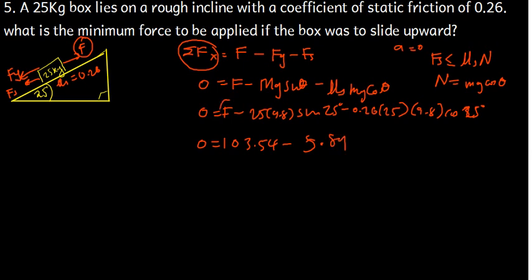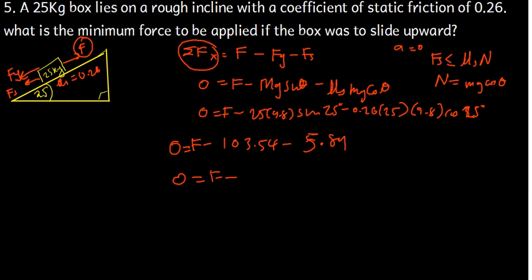I've left out F here, so I'm supposed to put that F there. So we are saying 0 is equal to F minus, okay, so this part is what has given me this value here. So this will give us 0 is equal to F minus 103.54 plus 5.89. So we are subtracting them. Both of them are negative, so it's the same as adding them, just that they'll give us a negative value.